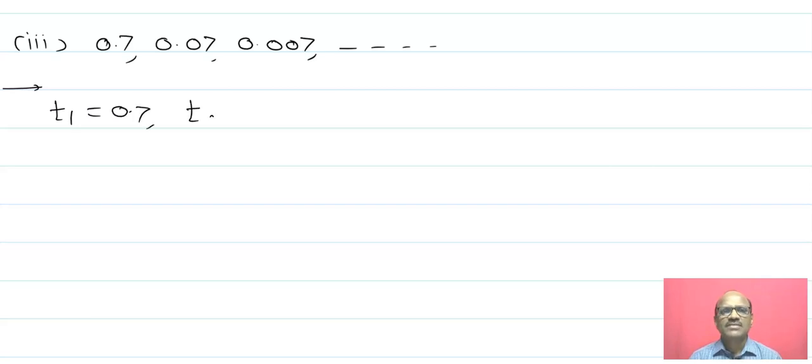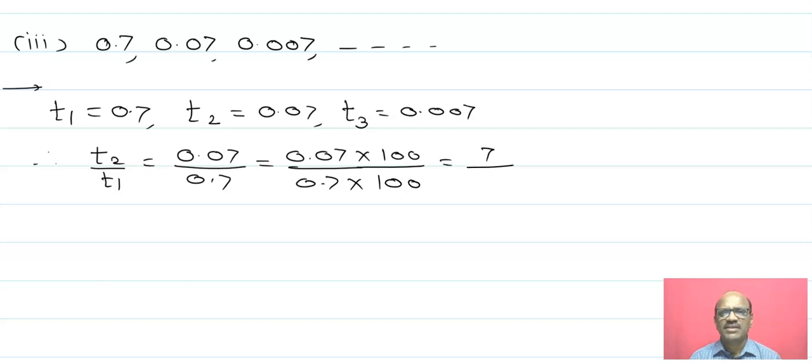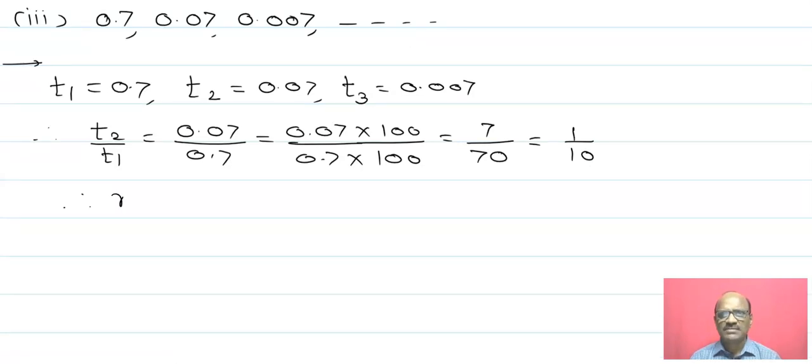Now third, that is 0.7, 0.07, 0.007. Now see this, here T1 is equal to 0.7, therefore T2 upon T1 is equal to 0.07 upon 0.7, and that is multiplied and divided by 100, then you will get 7 upon 70, that is equal to 1 upon 10.